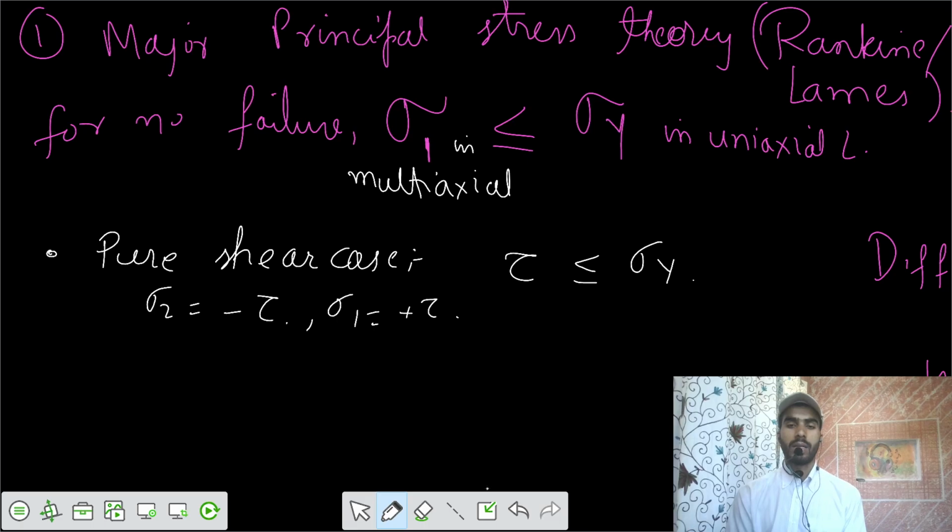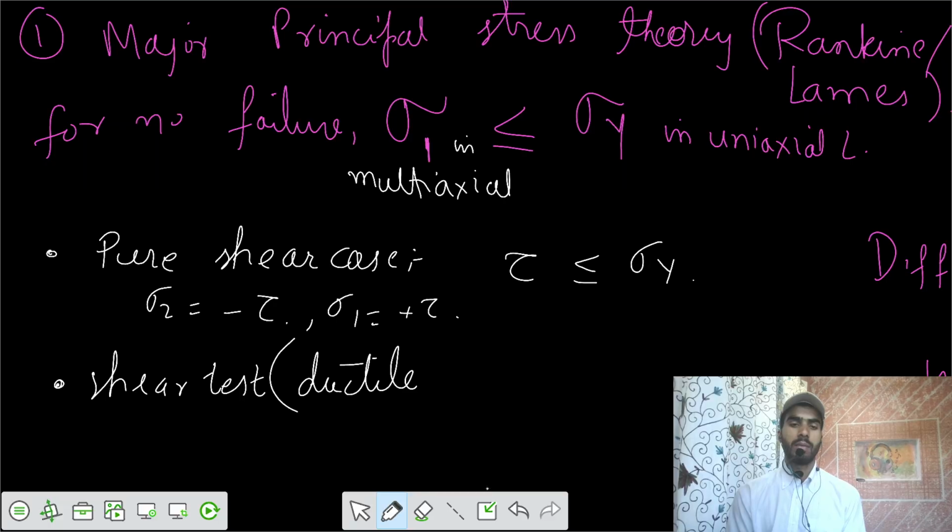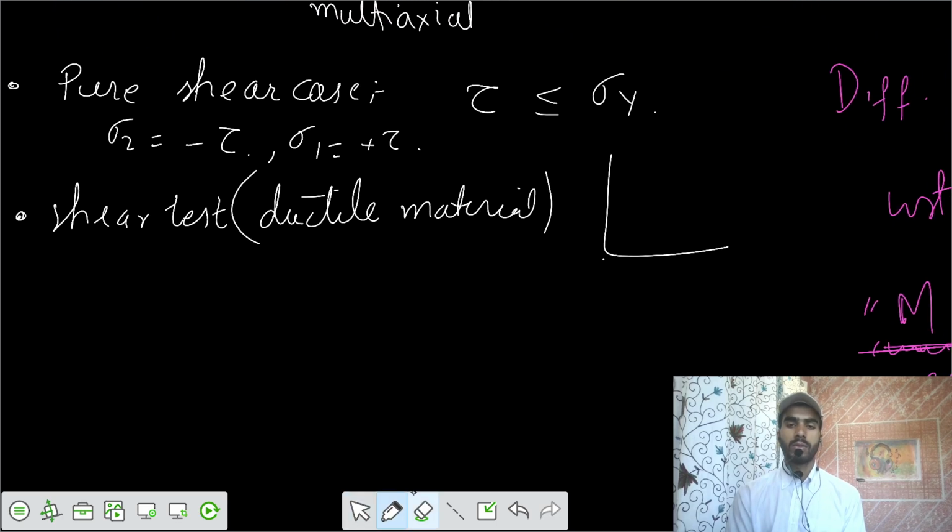But it's not true. When we do shear tests on ductile material, some sort of curve gets developed, and we say we have failure in shear. This is your tau failure.